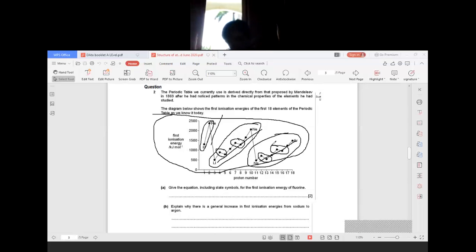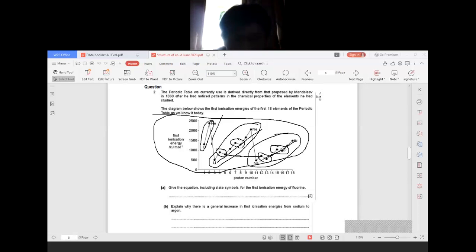What is the general pattern of the exception? Look at this one, between these two exceptions. It occurs between group 2 and group 3.